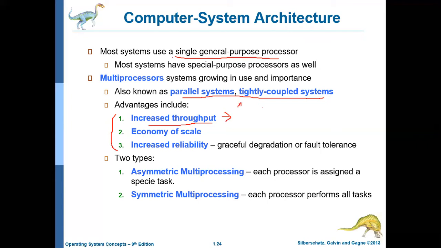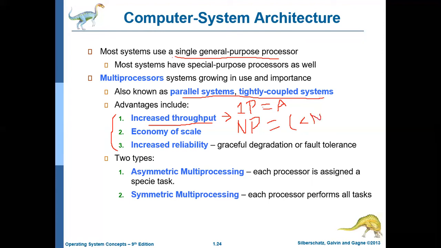Say, for example, if the computer has only one processor, and with this one processor the computer is able to do some amount of work, a, in a unit time, then if that computer has n processors, it doesn't mean that it will be able to do n times a amount of work. No, the amount of work done will be somewhat lesser than n times a.